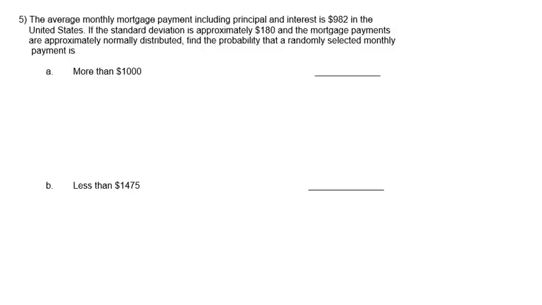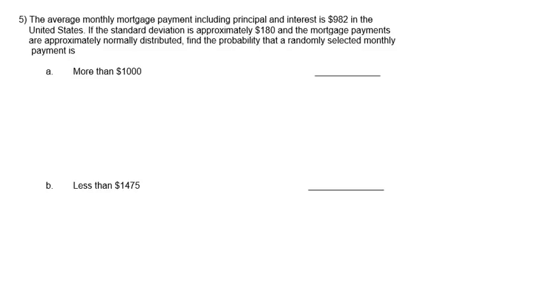Okay, read this next problem, number 5. Look at it and try to identify the type of problem we are working with. All right, so read it, and I'm going to point out a few things. Okay, we are talking about the population of mortgage payments.